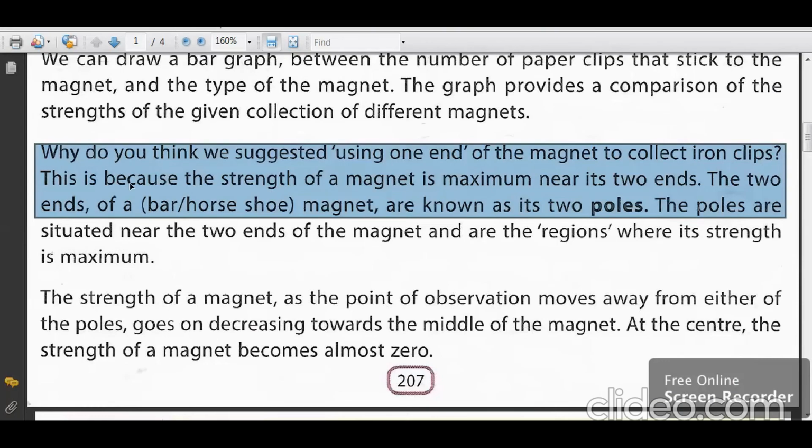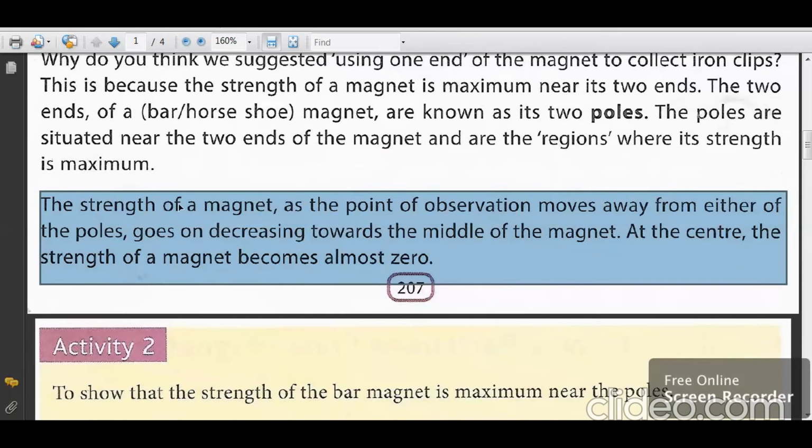You might notice that most of the metallic objects stick at the ends of the magnet. Why? Because the strength of a magnet is maximum near its two ends. The two ends of a magnet are known as its two poles.